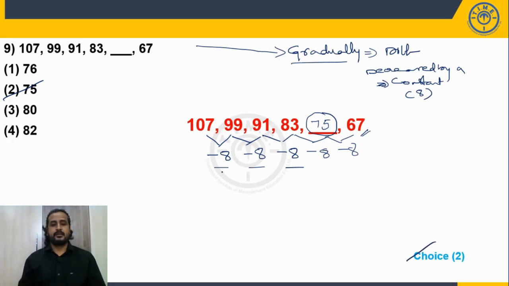And the logic is minus 8, minus 8, minus 8. Unlike earlier, where a specific pattern like consecutive prime numbers or consecutive natural numbers was followed, here it is not. It is decreased by some constant number. Okay. Now move to the next example.